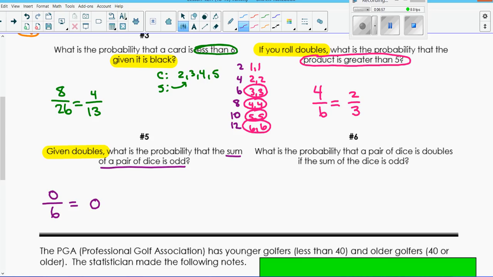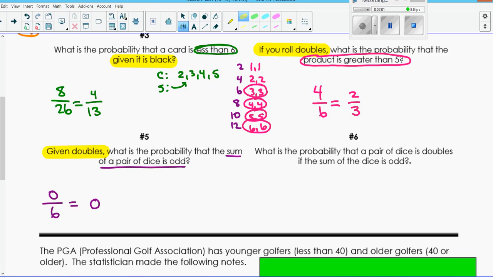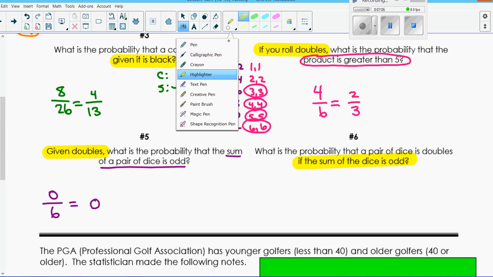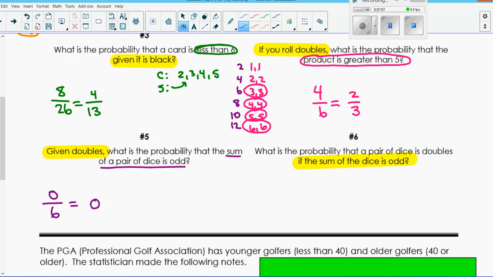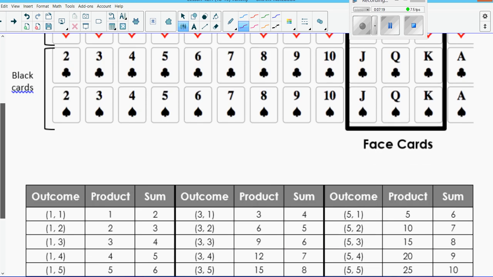Okay? Next one. What is the probability that a pair of dice is doubles if, so now the if's back at the end, if the sum of the dice is odd? Okay, so now I'm looking at if the sum of the dice is odd. There's a lot that have to do with this, so I'm going to go to my dice sheet. So I'm thinking if the sum is odd.